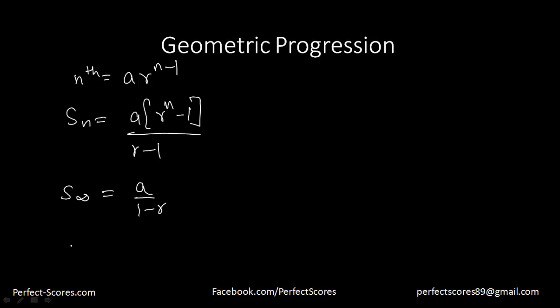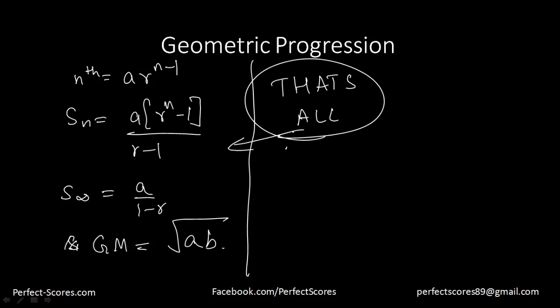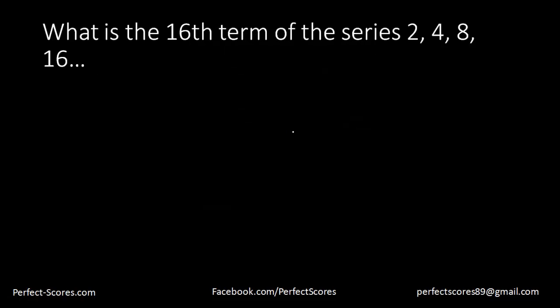And the geometric mean of any two numbers is under root of a into b. That's all you need to know when it comes to geometric progression. So let's go ahead and solve some questions on this, so that we understand what we've just learned. So general term, geometric mean, that's it.